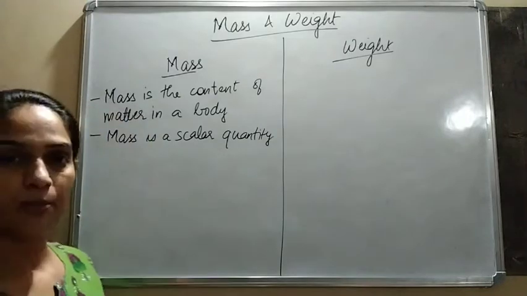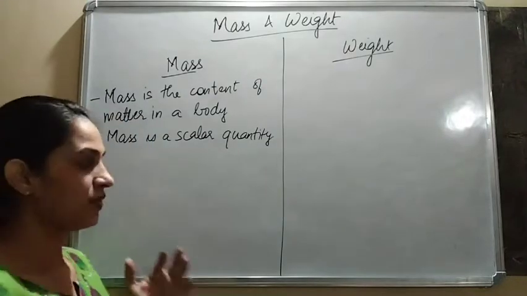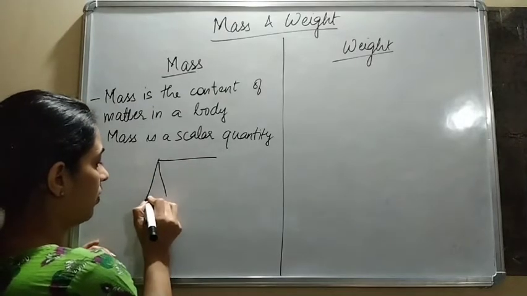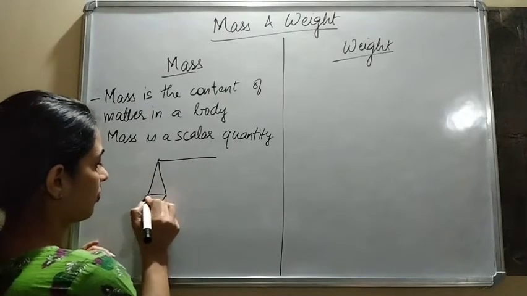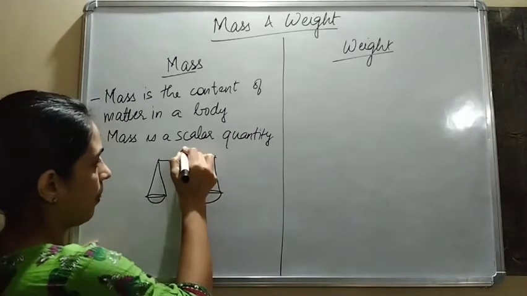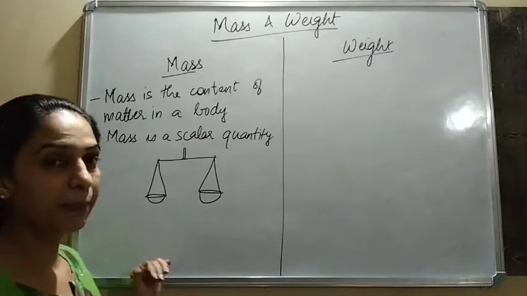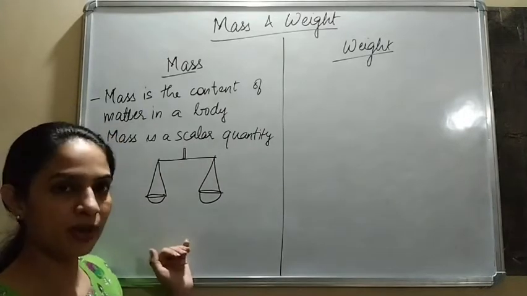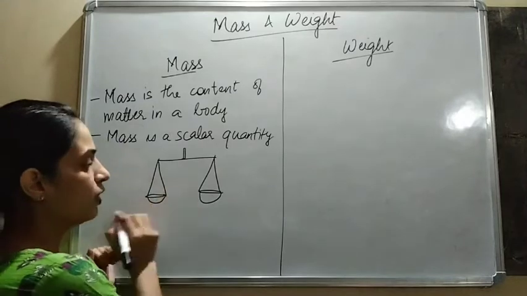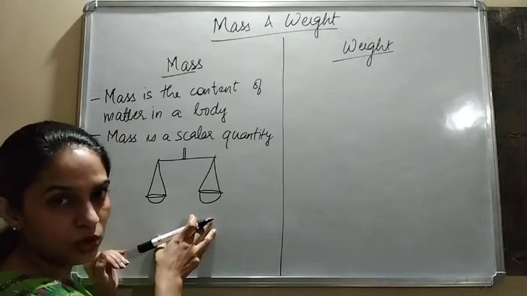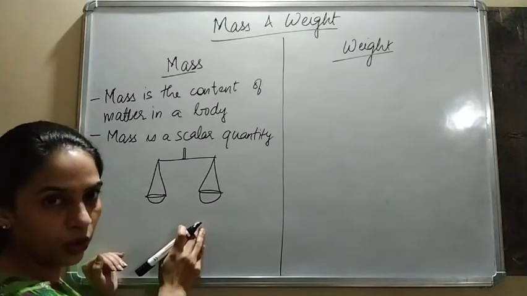How do we measure mass? You must have seen those balances, right? What are they called? Beam balances, right? A beam balance is used to measure mass. You must have seen fruit and vegetable vendors using them very often.